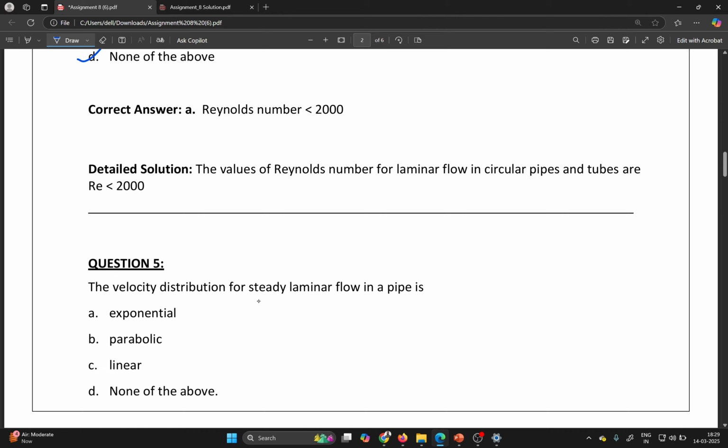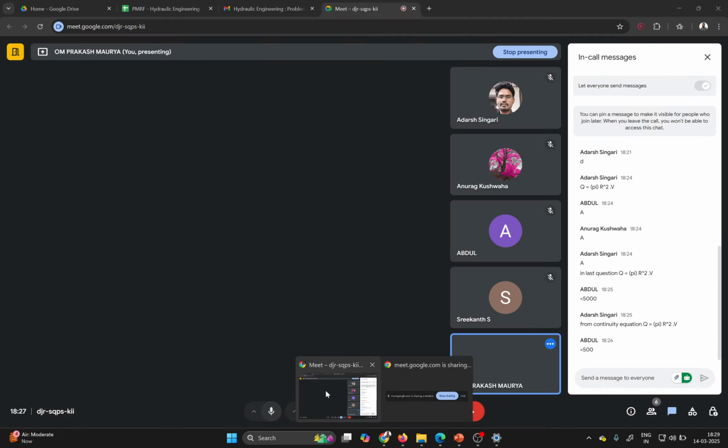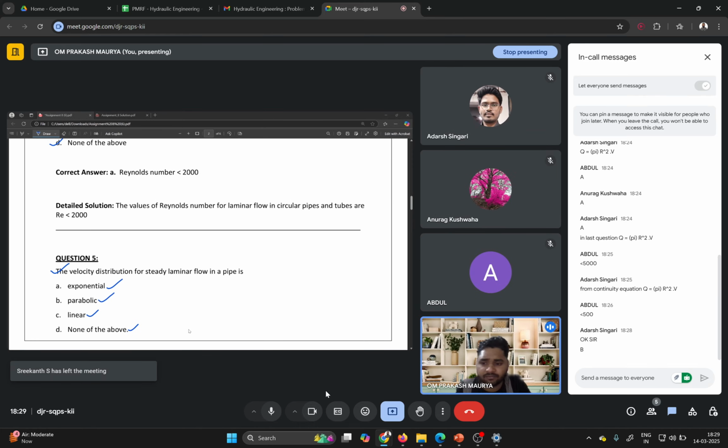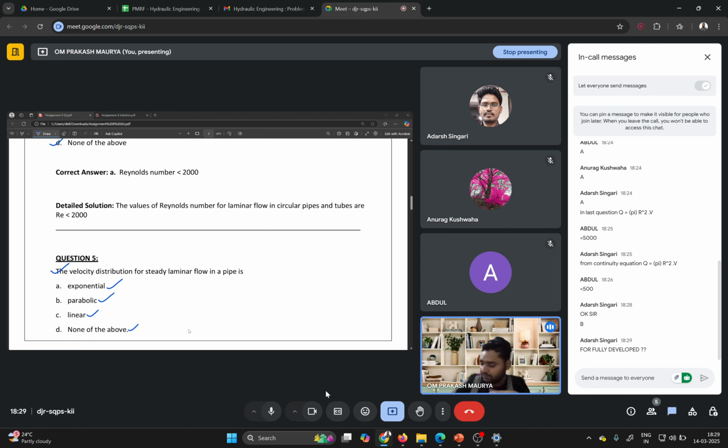Here you need to tell about the distribution profile of velocity in case of laminar flow in pipe. Please try to give the answer for question number 5. B, parabolic. Okay. Other students, please also try to give your answer.